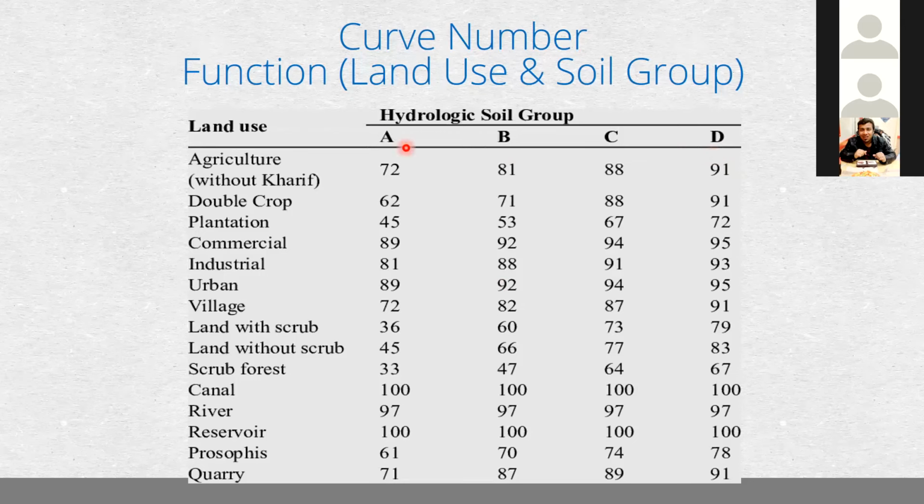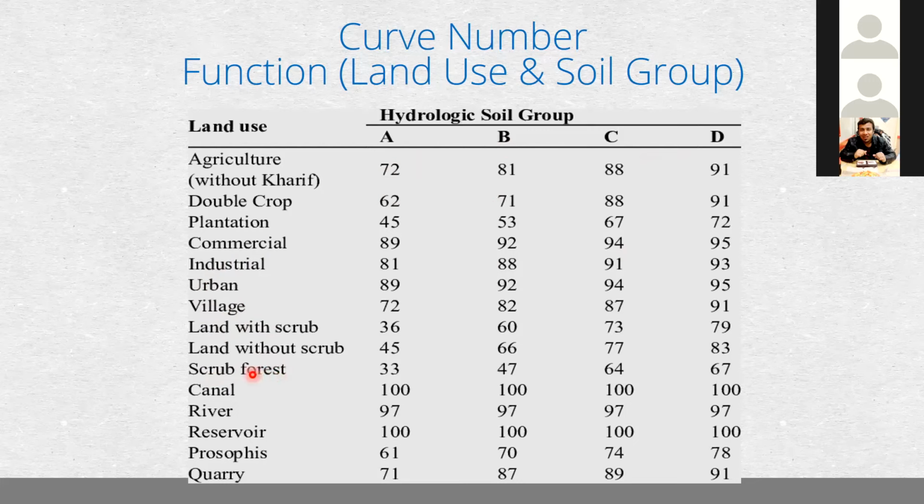When there is a field area in which different types of land use land cover and different soil groups are present, different curve numbers will be there, and you can get these curve numbers from different documentation or literature. These are just an example from the agency which developed the curve number technique. For example, take a scrub forest.